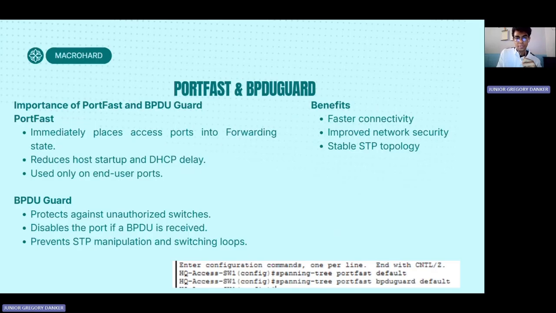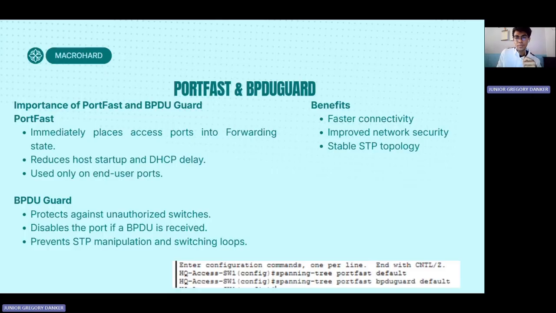Next, we will move to PortFast and BPDU guard. The importance of PortFast is that it immediately places access ports into forwarding state. It reduces host startup and DHCP delay, and is only used on end-user ports. BPDU guard will protect against unauthorized switches and disables the port if a BPDU is received. This will prevent STP manipulation and switching loops.